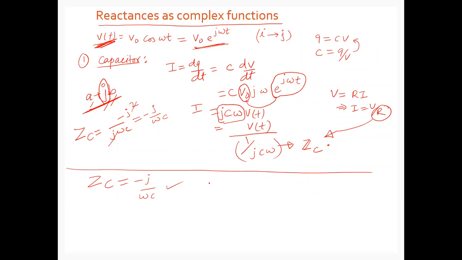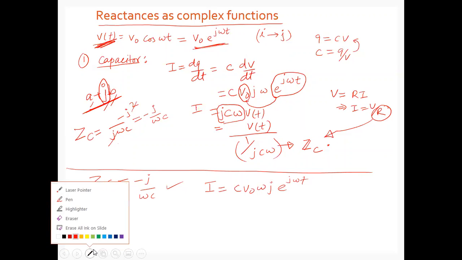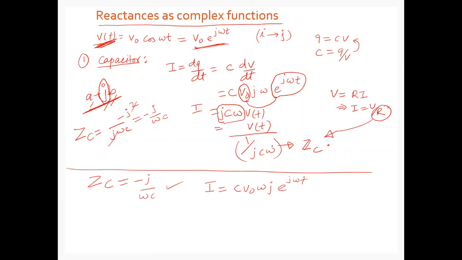Now, what is your I? I is C V0 omega j e to the j omega t, right? That's your I. Let me change the color, it's too red. A lot of red, okay. This is my I. So j, as we did before, can be written as e to the j pi over 2.